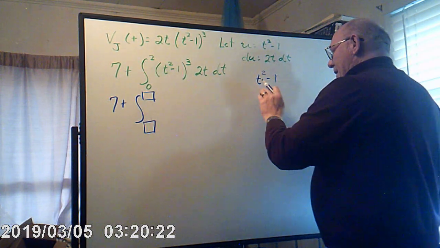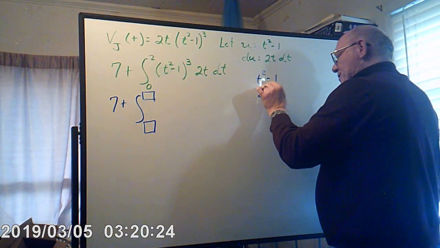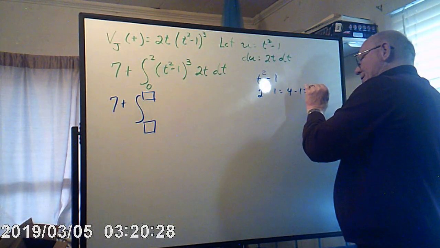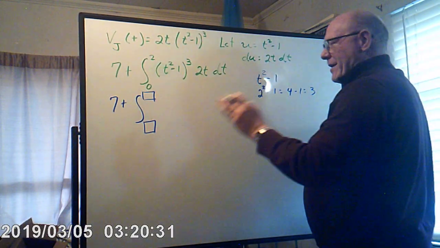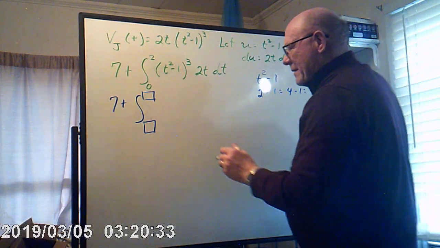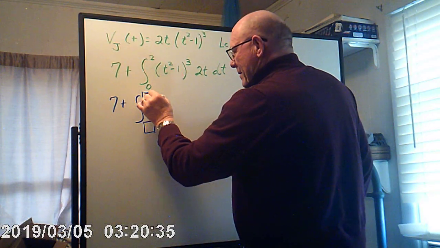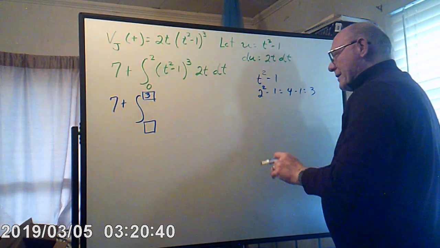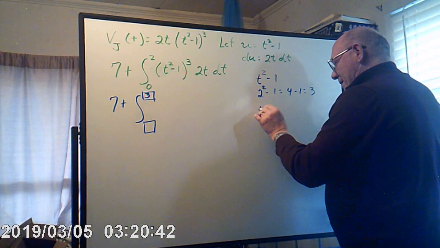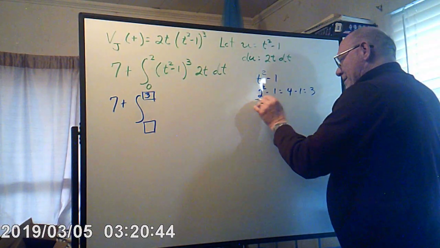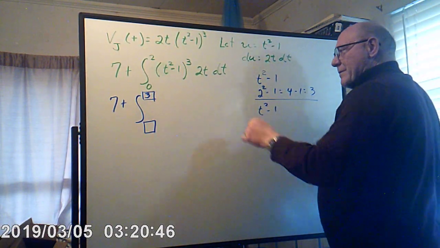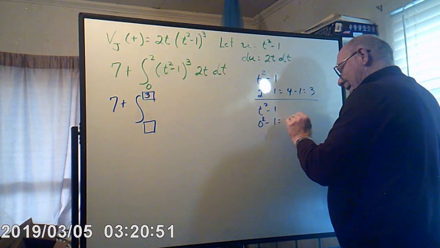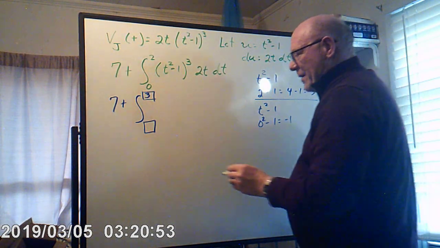Put your 2 in here. 2 squared minus 1 is 4 minus 1, which is 3. Now, instead of that being a 2, put your 3 right here. Now, t squared minus 1 again for the lower limit: 0 squared minus 1 is negative 1. So put negative 1 here.